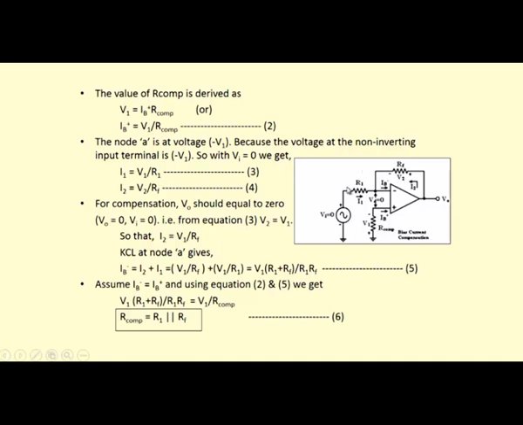If you know these two values of R1 and Rf, then we can design the R compensation value, which is nothing but the parallel combination of R1 and Rf. The parallel combination is R1 Rf divided by R1 plus Rf. That is the formula to calculate the R compensation value.